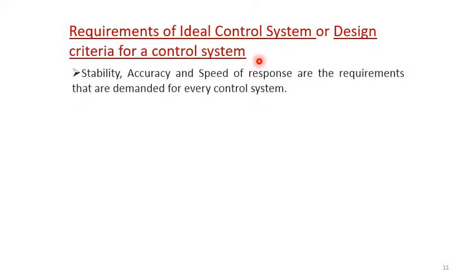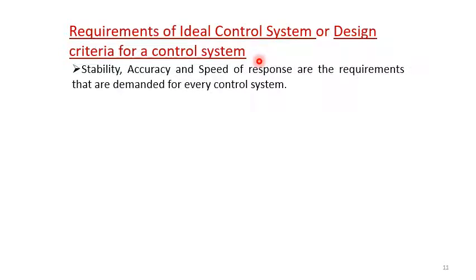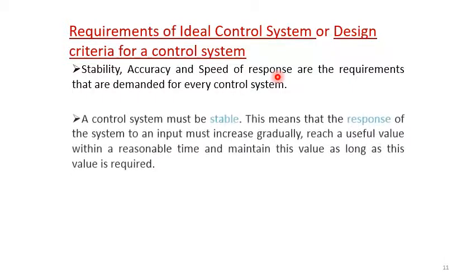Very important question, many a time asked in the examination. What are the requirements of an ideal control system? The main requirements of ideal control systems are three. Those are stability, accuracy, and speed of response, which are demanded for every control system.